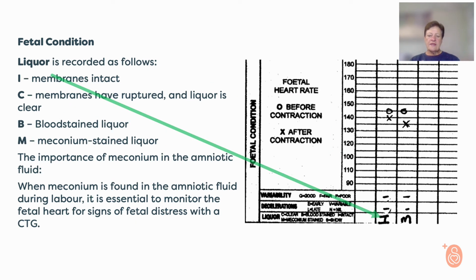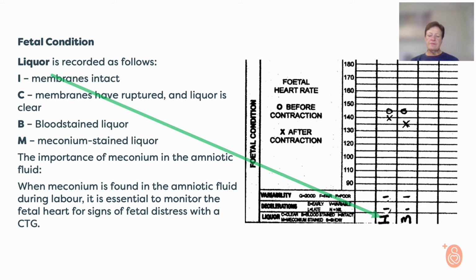Now, as I've said, another very important aspect of the fetal condition that we record on the partograph is the liquor, whether the membranes have been ruptured or not. If they are intact, we record an I. If the membranes have ruptured and the liquor is clear, we record a C, a B for blood stain, and an M for meconium stain.